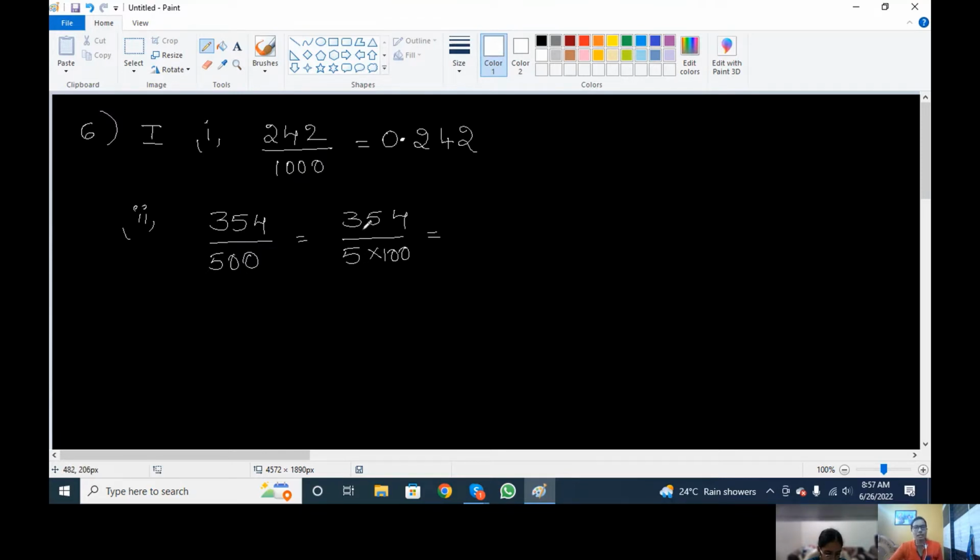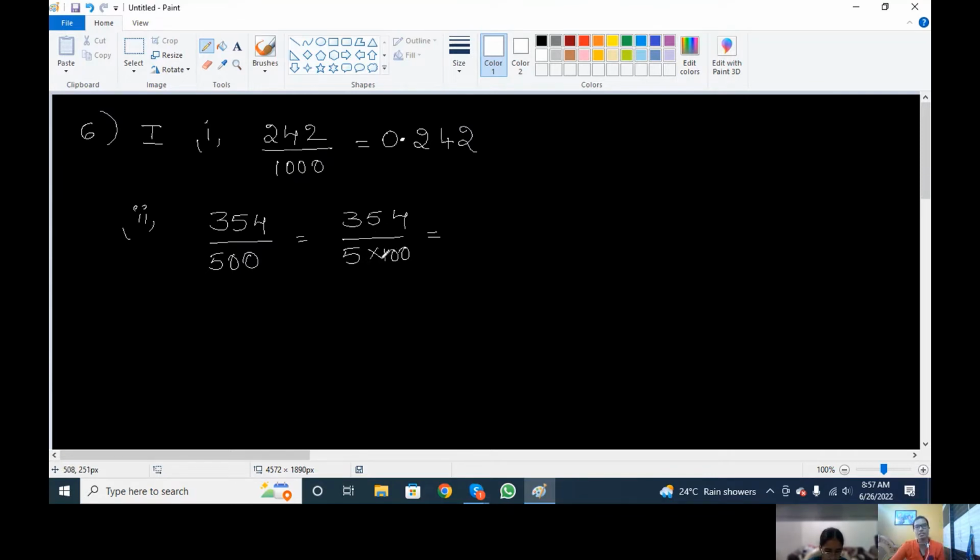One is simply dividing 354 divided by 5, but 354 is not completely divisible, right? Because in one's digit we have a 4. So according to the divisibility rule of 5, we should have either 0 or 5. So we can't completely divide this. We will get decimals only.